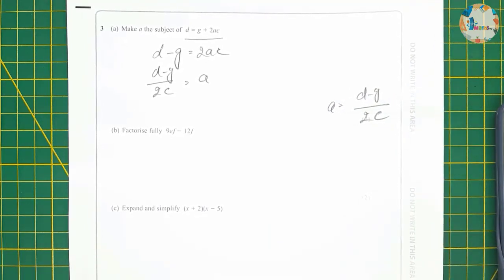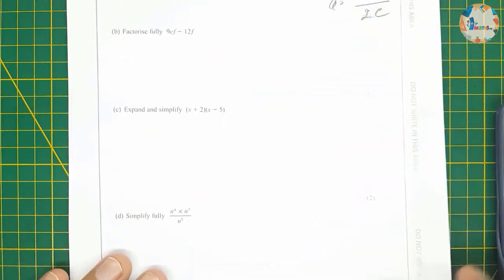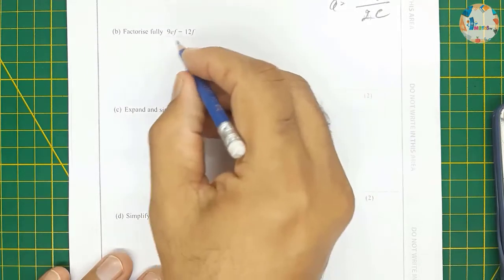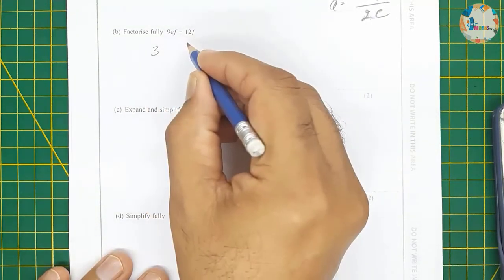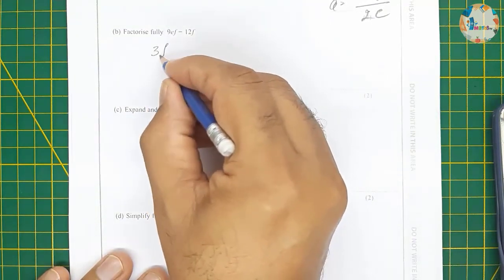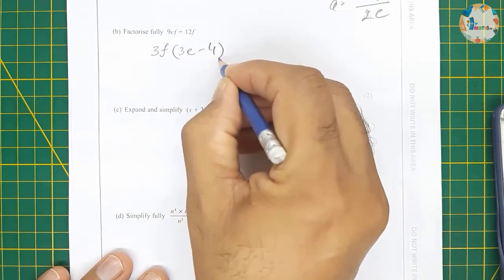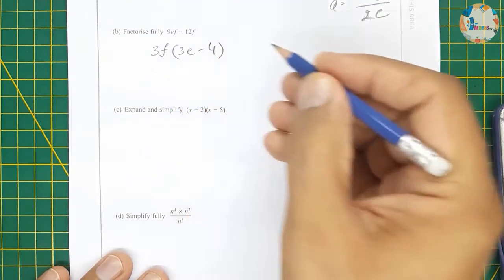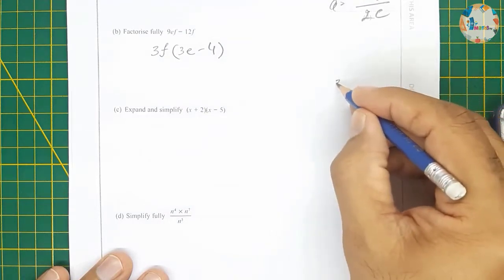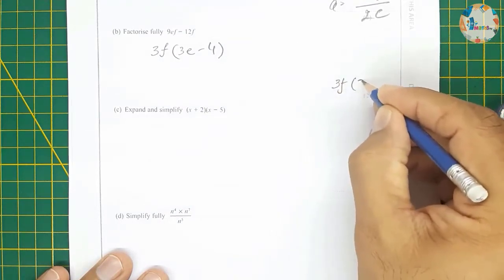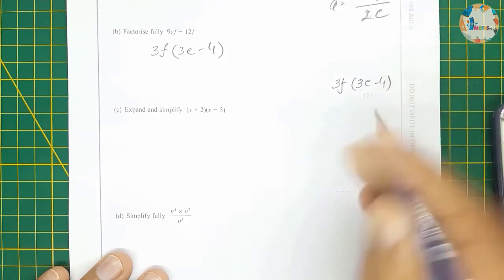Then it comes to the factorize part, factorize fully, and we'll have to take the maximum common factor, so we can take 3 common and f common, so inside will be 3e minus 4. This will be our final answer, and we can write over here 3e minus 4.